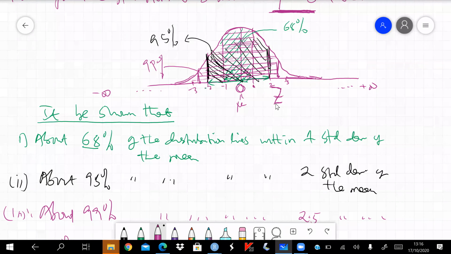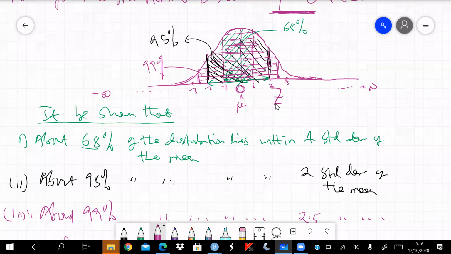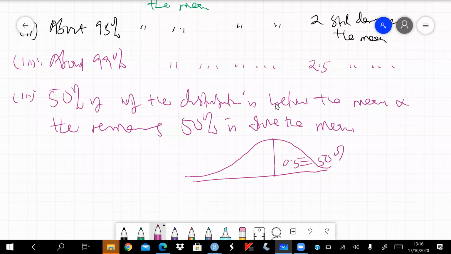So we are saying that this mean line here divides the distribution into two halves. If this is a standard normal distribution, this is 0.5, which is 50%, and this is the other 0.5, which is 50%. So where this is 0, all the way to plus infinity, minus infinity, like that.